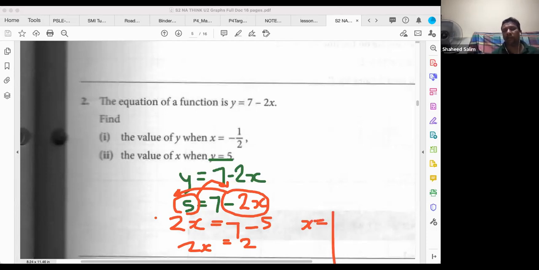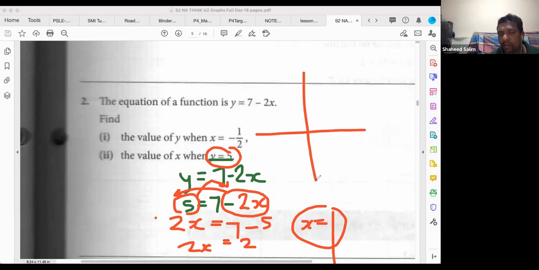That's the answer. So what are all these numbers? What is this? X equals to 1, y equals to 1. They are coordinates. That means if I were to draw the graph, I imagine. So now this is 0, right? So remember, we start with x first. X is 1. Okay, remember 1 is here. Y is 5. Let's say 5 is somewhere here. This is the coordinate. So we are finding the coordinates.